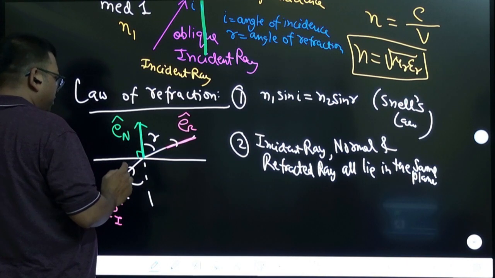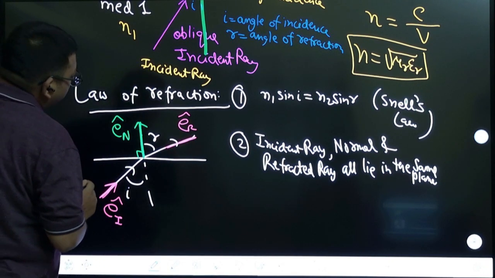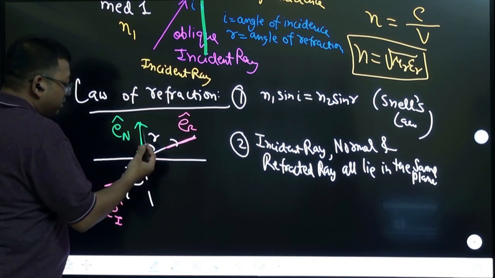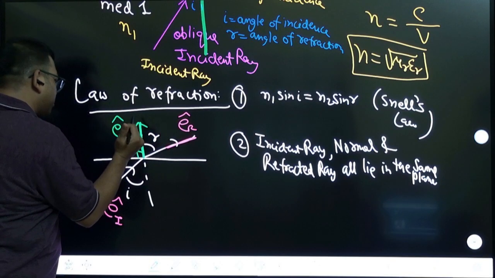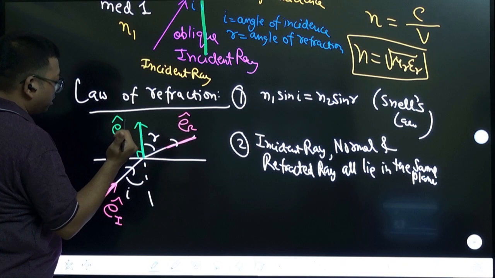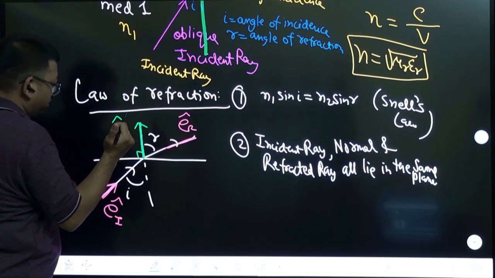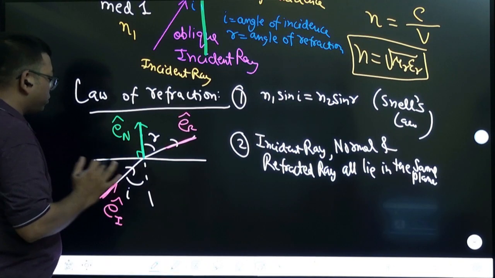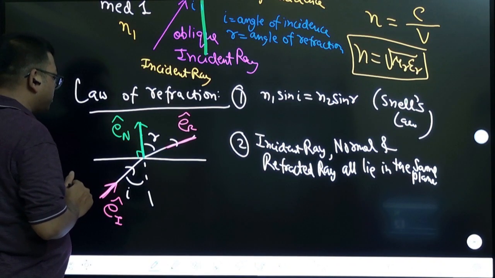Okay, should we take this normal or that normal? How to take that is also important, because we can take the normal in this direction or in that direction. If I take the normal in this direction, then e_r cross will come this way, and I also have to take e_i cross this. But then I need to look at the angle between them. Both things we have to look at.